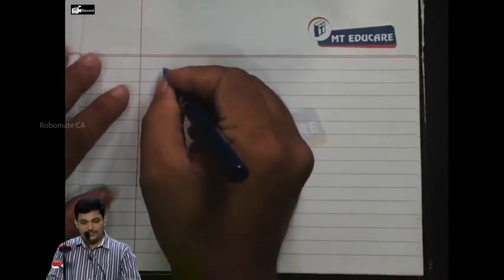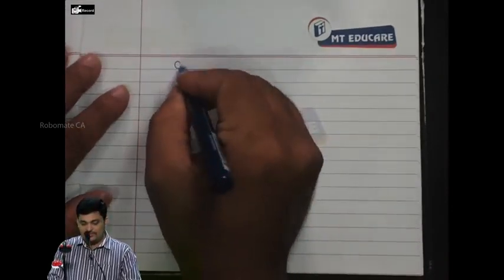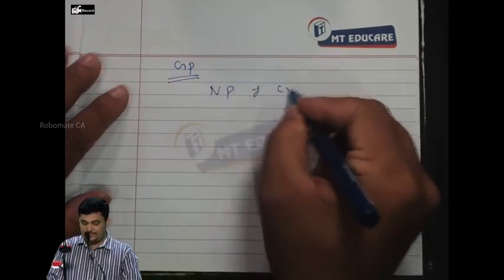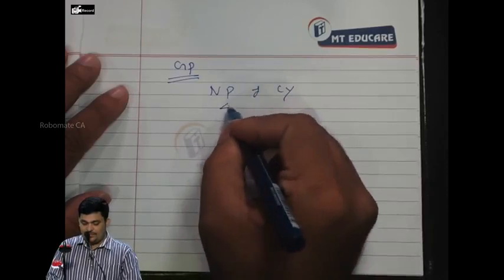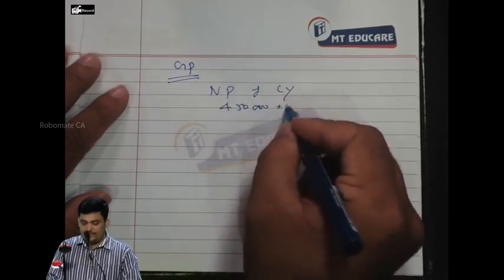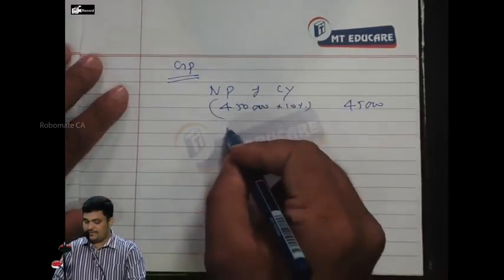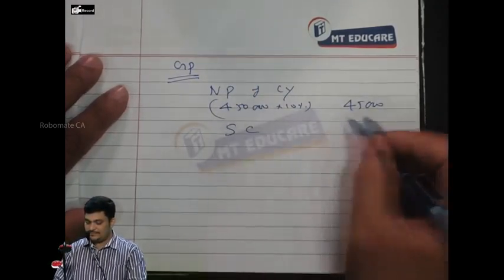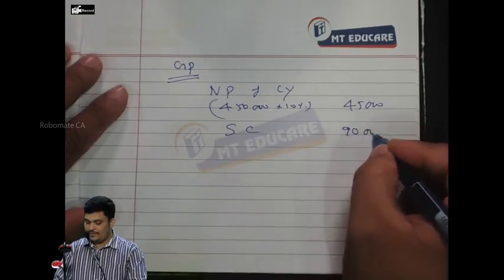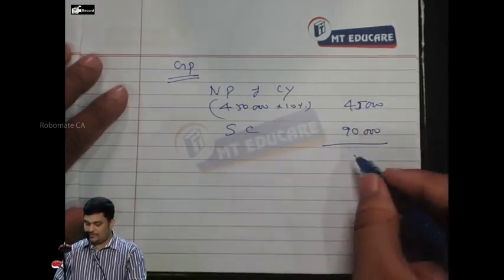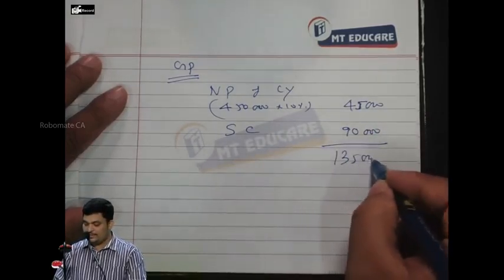So what you should take up is the gross profit. Net profit of current year, 4,50,000 into 10%. How much? 45,000. Standing charges 90,000. So what is that amount? 1,35,000.